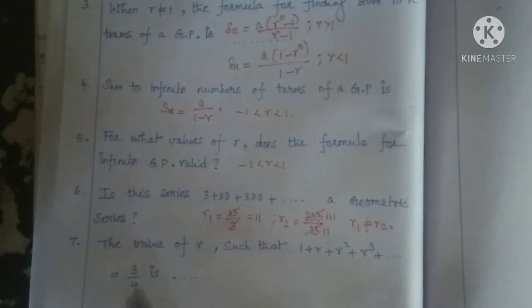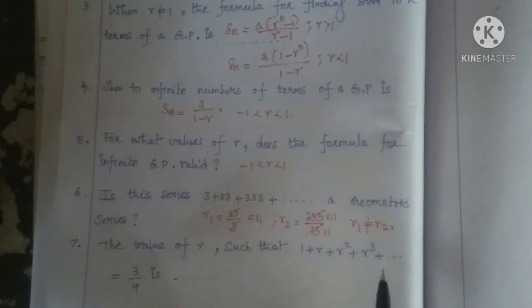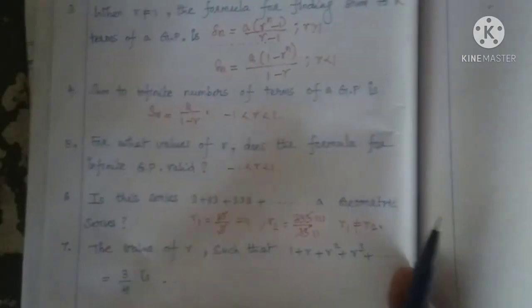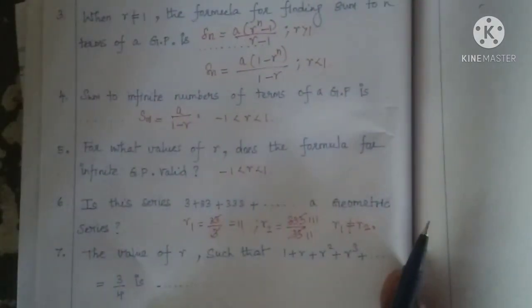The next question: find the value of r such that 1 plus r square plus r cube plus and so on is equal to 3 by 4. This is the infinite terms of a geometric progression, because it is going on and the last term is not given.